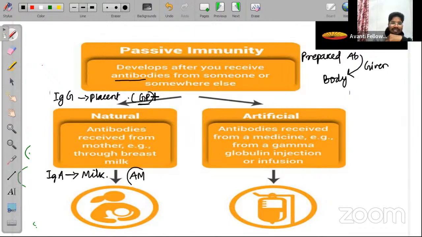In this way you can recall this: GP and AM. Okay. G passes through the placenta, A passes through mother's milk. It will be in the colostrum, that yellow colored material.